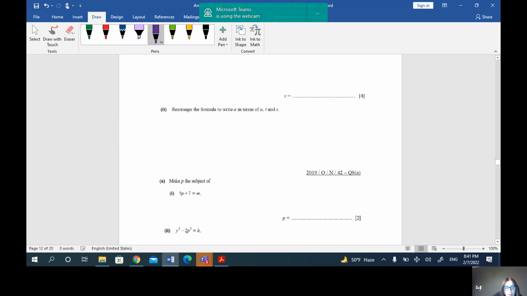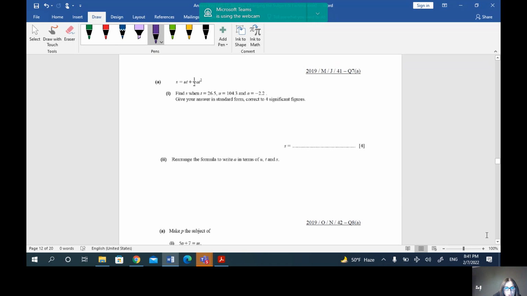Now, we have this formula: S is equal to U times T plus half times A, I hope that I'm writing this correctly, times T squared.